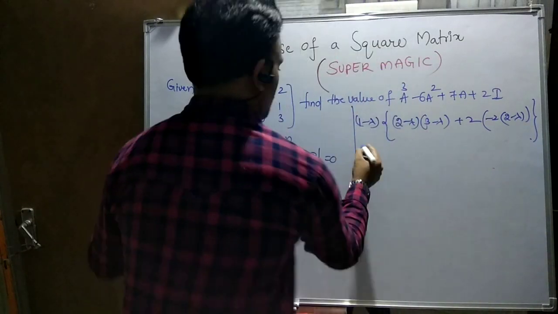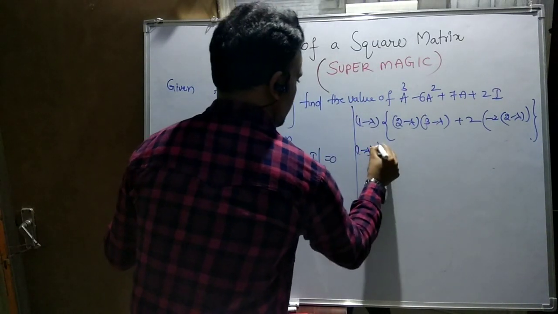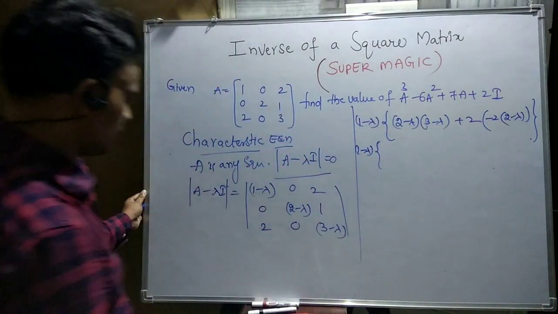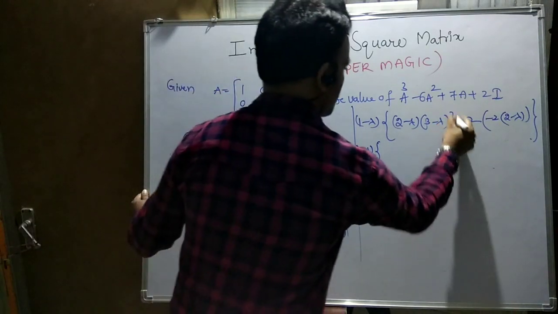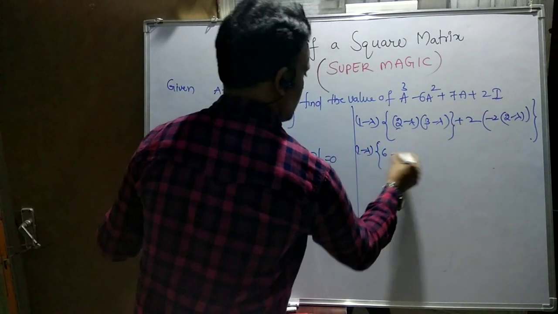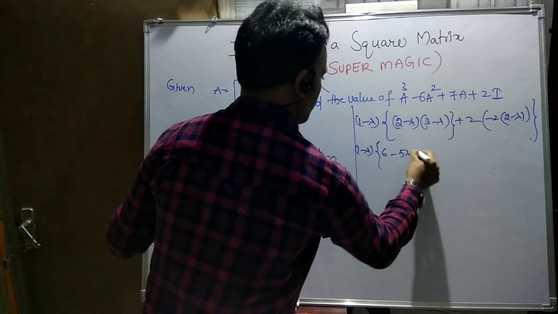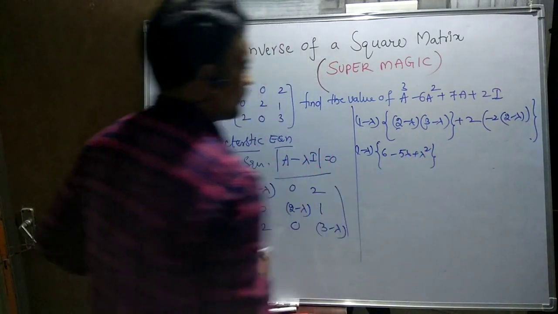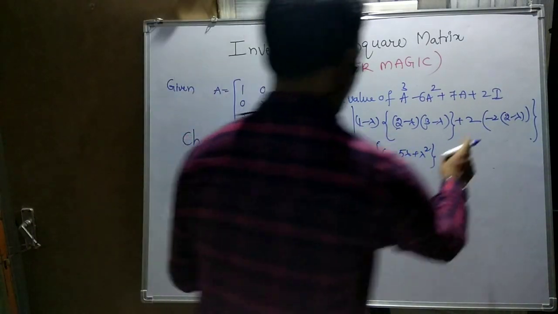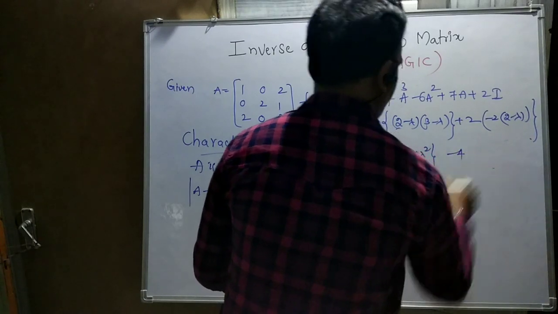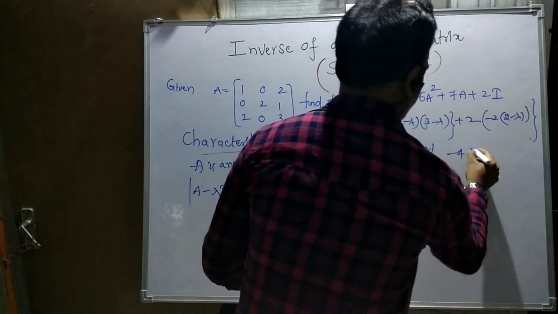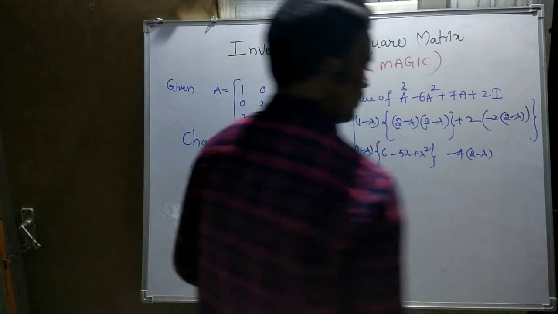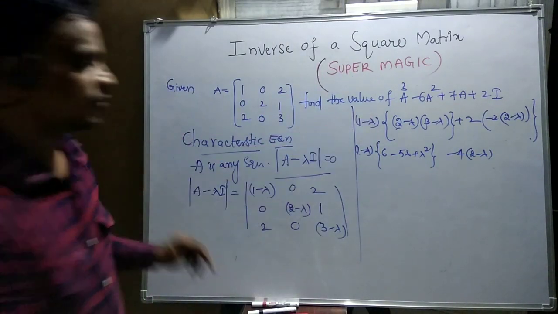So it is 1 minus lambda times (6 minus 5 lambda plus lambda square), minus 4 times (2 minus lambda).